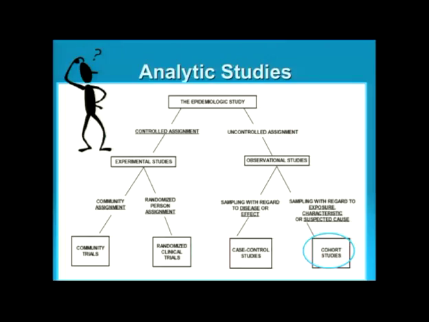And then in February, we're going to move over to the categorization of experimental studies, which are randomized clinical trials, and we'll talk about them. But next to a clinical trial, which is really the best study design you can do to answer a research question and to infer causality, the next best thing is a cohort study.